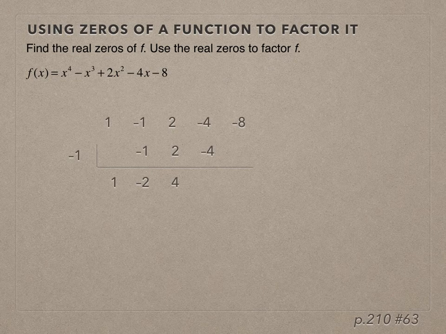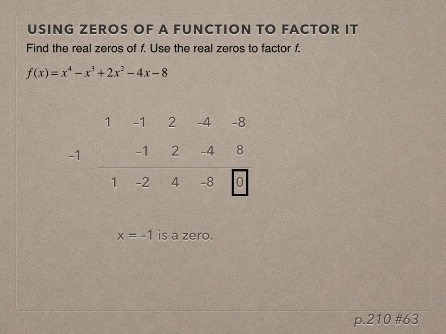When I add -4 plus -4, I get -8. -8 times -1 is 8. And when I add these numbers together, I do get 0. That's a great thing because that tells me I have found one of my real zeros. X equals -1 is a real zero.